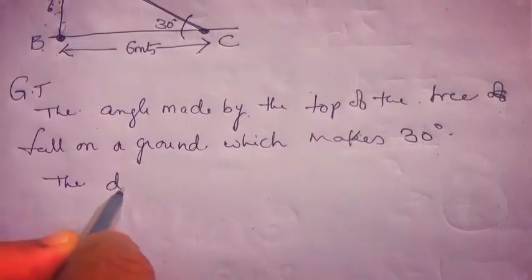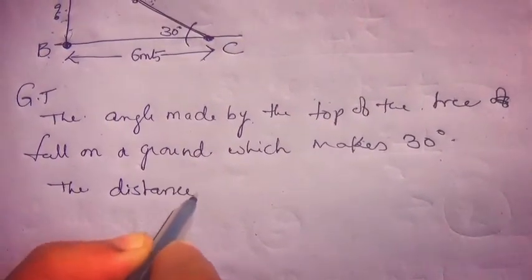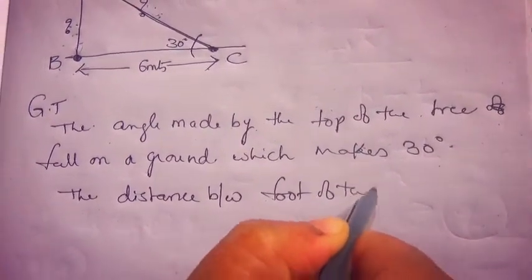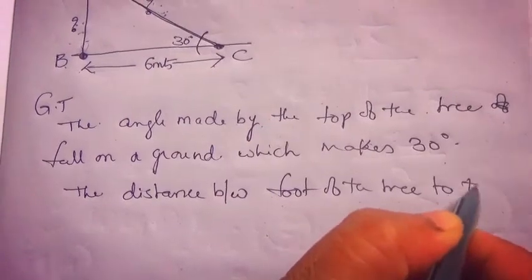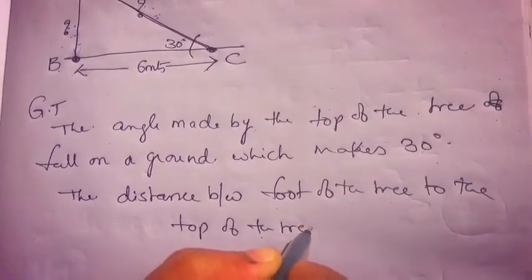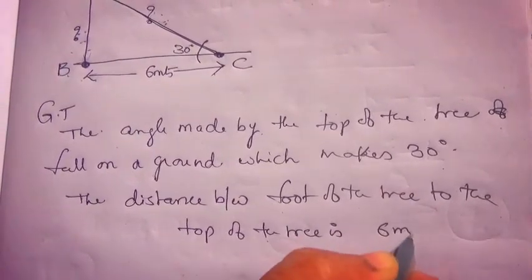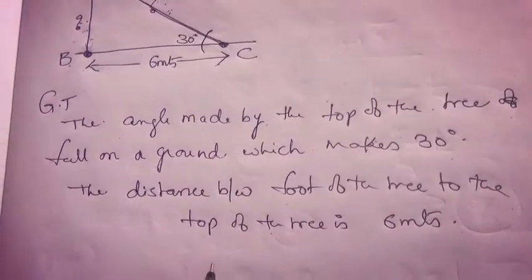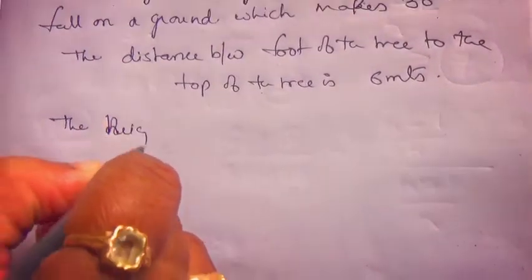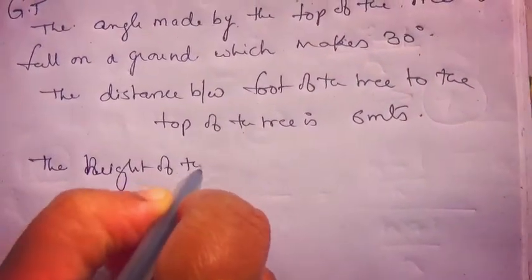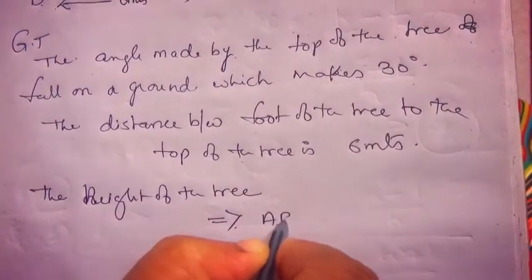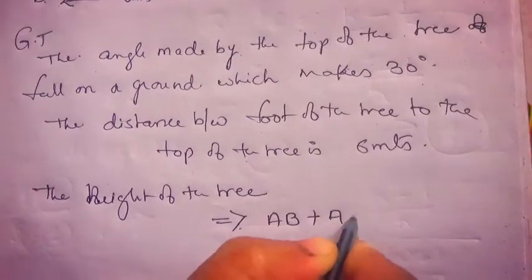The distance between the foot of the tree to the top of the tree is 6 meters. So the height of the tree is equal to AB plus AC.